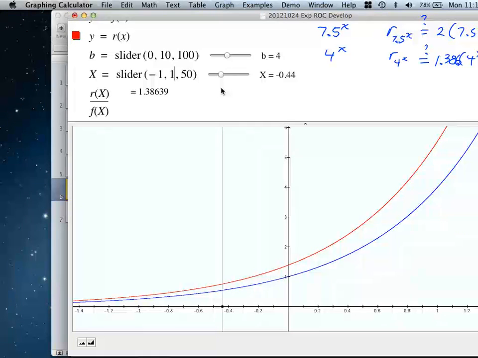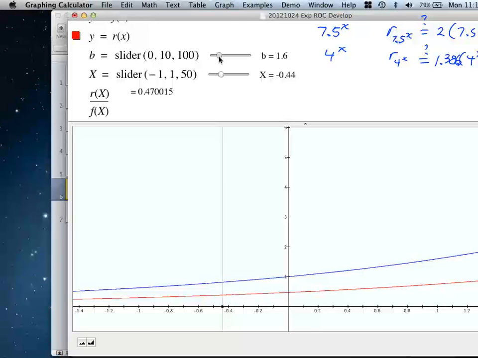Is this making sense? Okay, let's try another one. So how about when b is 1.6? b is 1.6. What's different about this one now? So now we're doing r of 1.6 to the x.